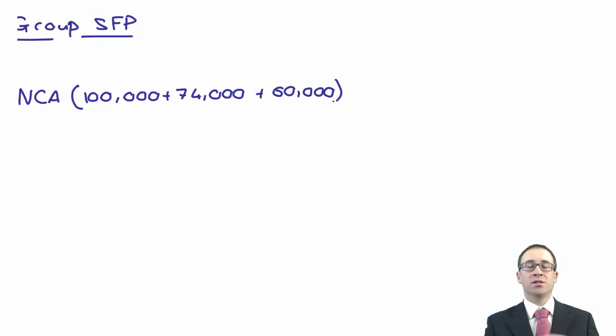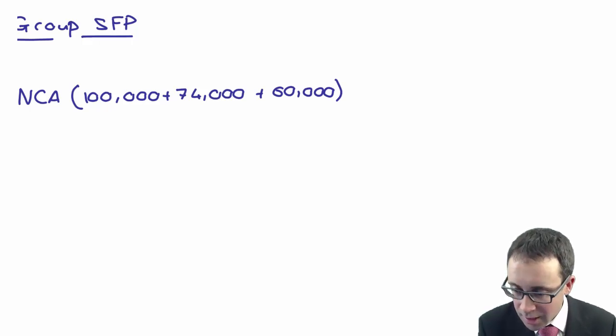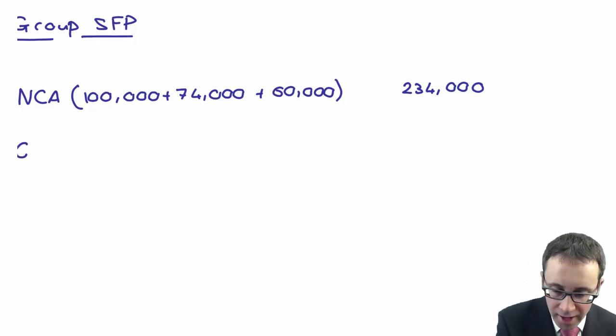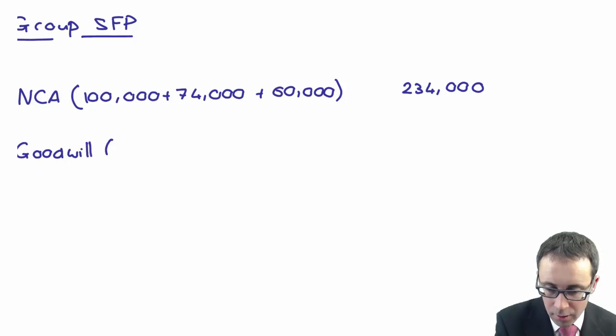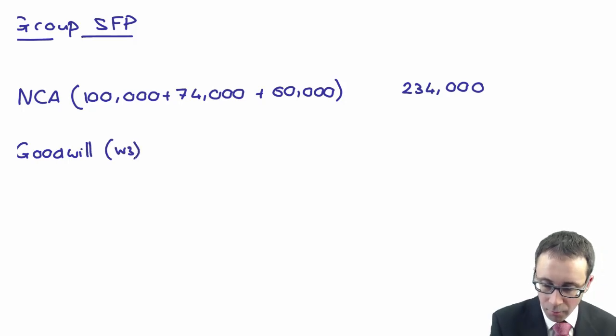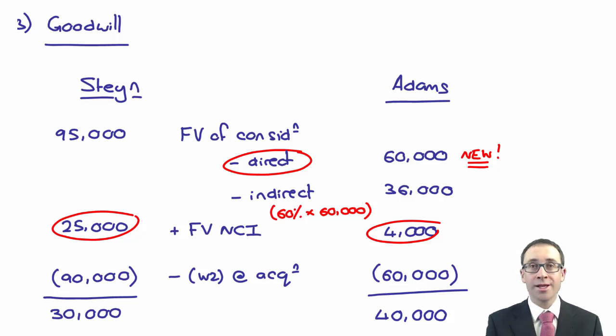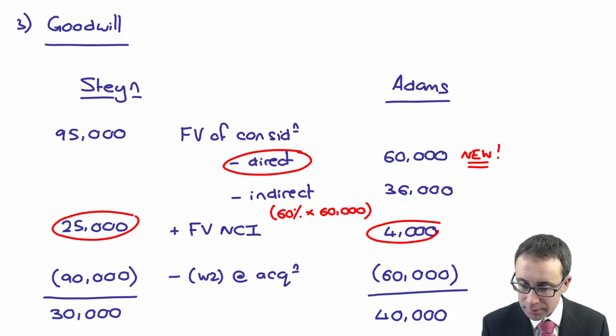There's been no value adjustments to do with PPE, so we can just add those across. Does that give me 234,000? Don't forget that you've also got your goodwill from working 3. So that's 30 plus 40, is that 70,000?